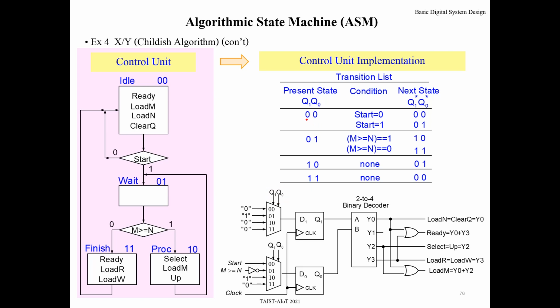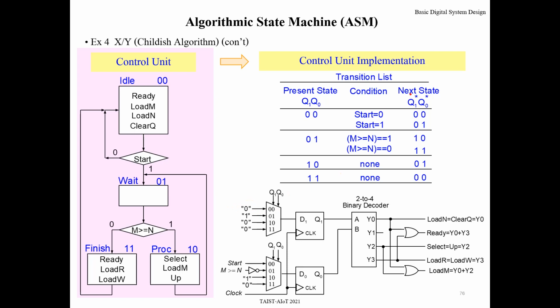So if the present state is 0 0, it will read data from position 0 0 of the multiplexer. Now Q1 star is 0, right? That means D1 should connect to 0 when Q1 Q0 is 0 0. So you apply or connect 0 here.